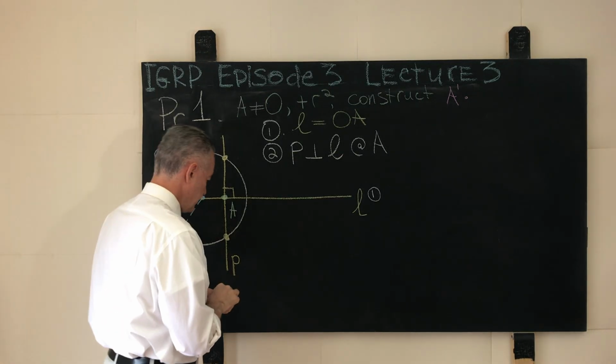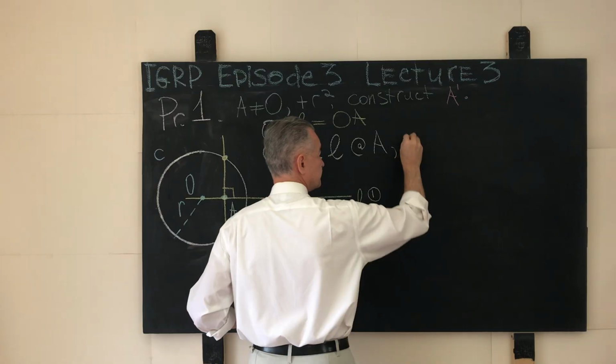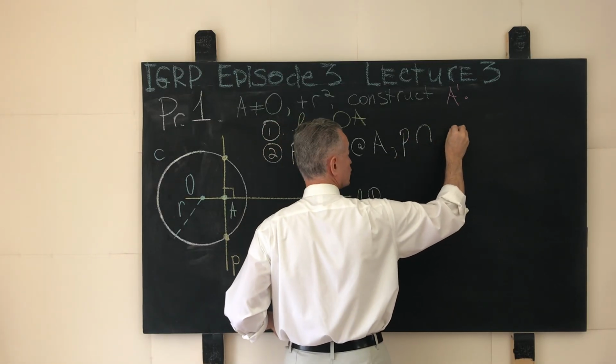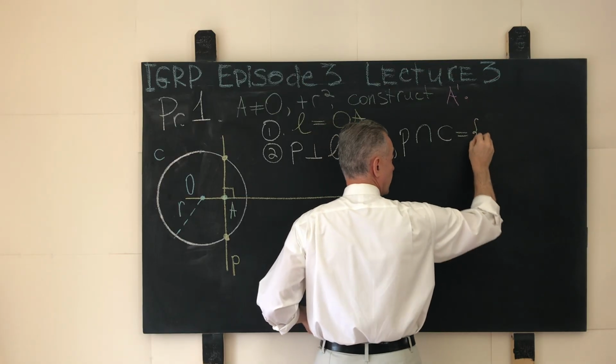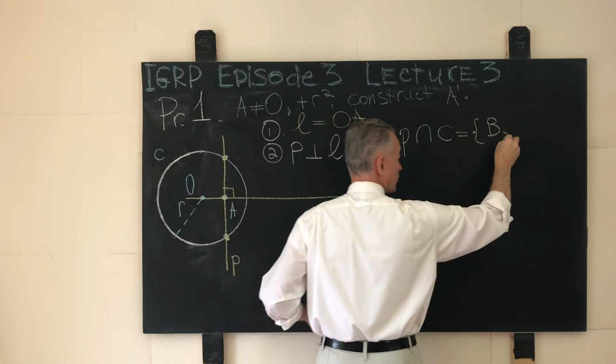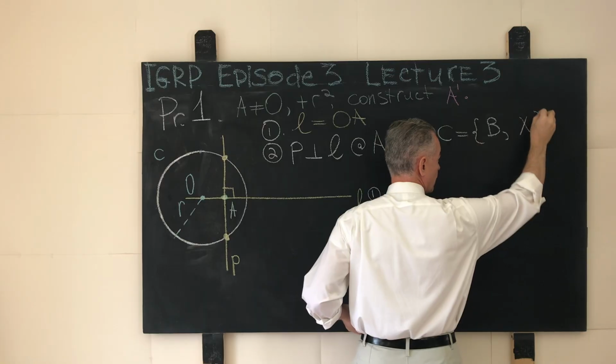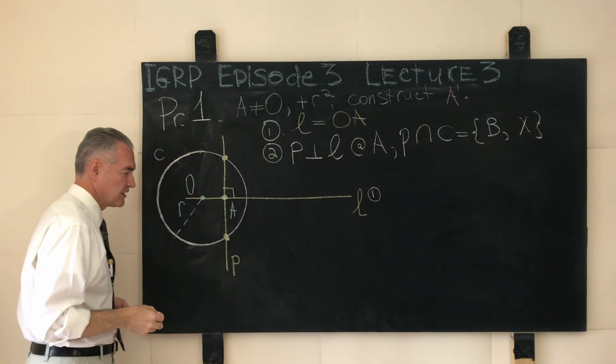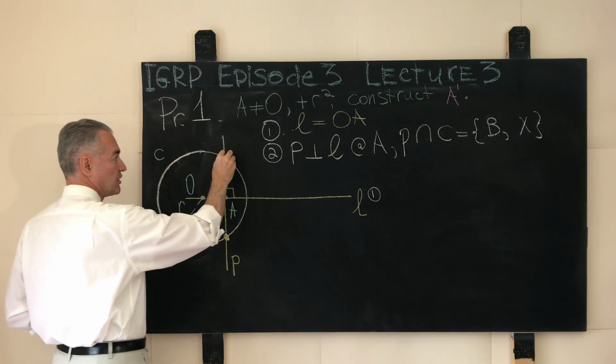That perpendicular P will intersect the circle of inversion at 2 distinct points. We will call one point B, the other one is X. It doesn't really matter which one is which, you pick one. Let's say we pick this one.